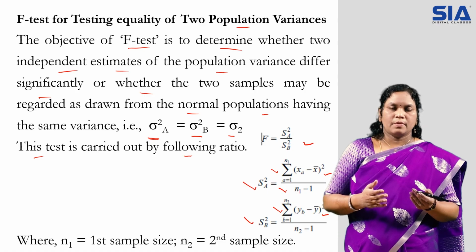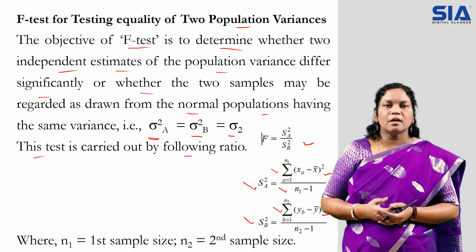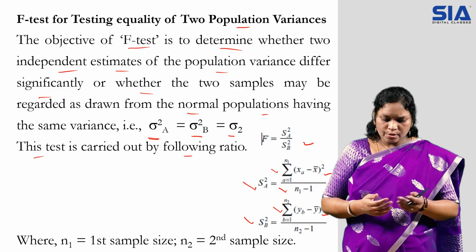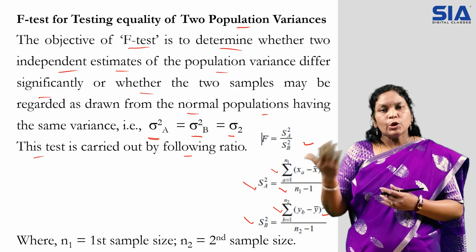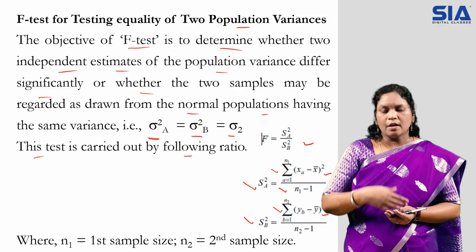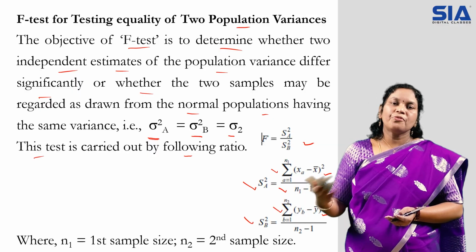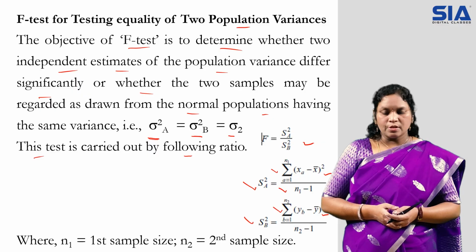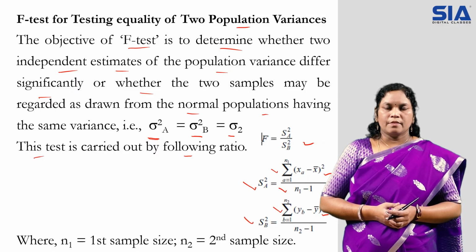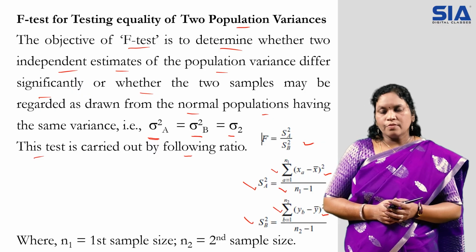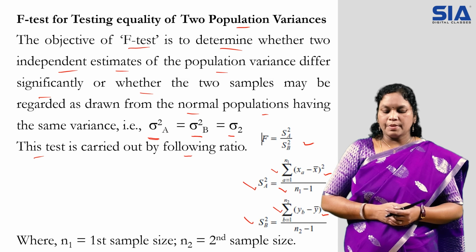Here the samples are y1 to yN2, because N1 is for set A. This is the usual variance formula we learned earlier.